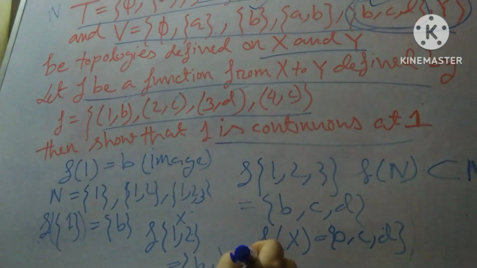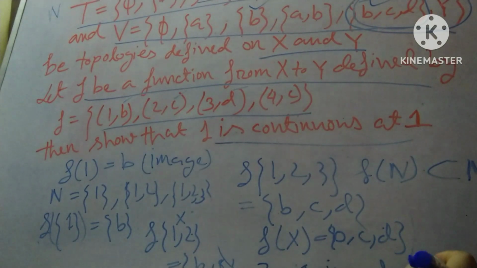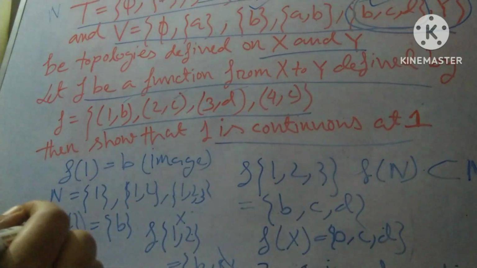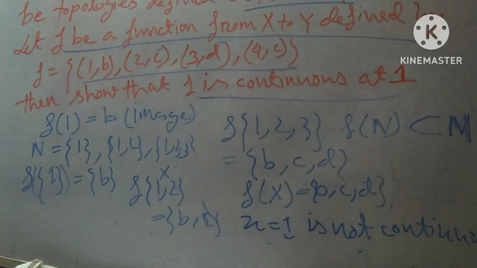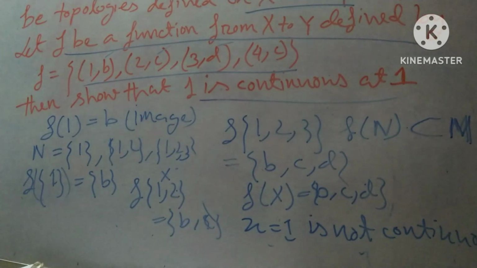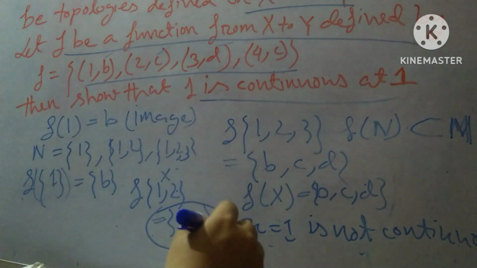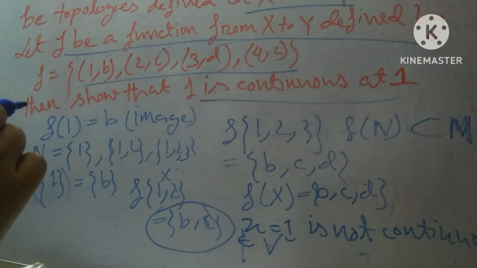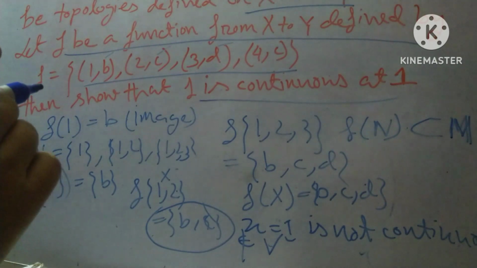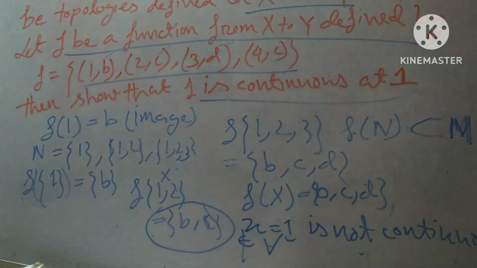So x equals 1 is not continuous, friends, because you see that only {b, c} does not belong to V. Must remember, the condition is that M is a V NBD.